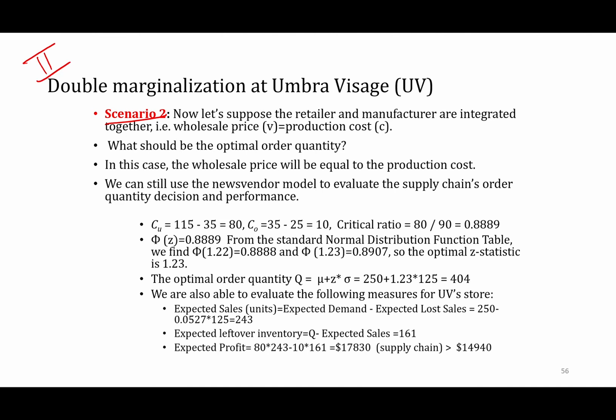So this is the second scenario that we are looking at, when the wholesale price is equal to the production cost. Then we saw what the optimal order quantity should be in this case. We have Zematia/UV, because they're acting as one. The demand remains the same, mean 250, standard deviation 125. Here we have cost of 35, selling price remains the same, 115, salvage remains the same, 25.